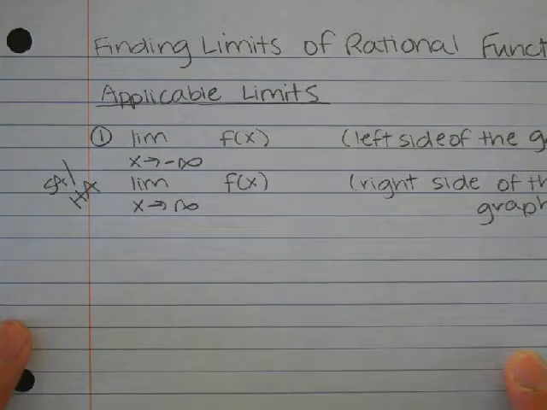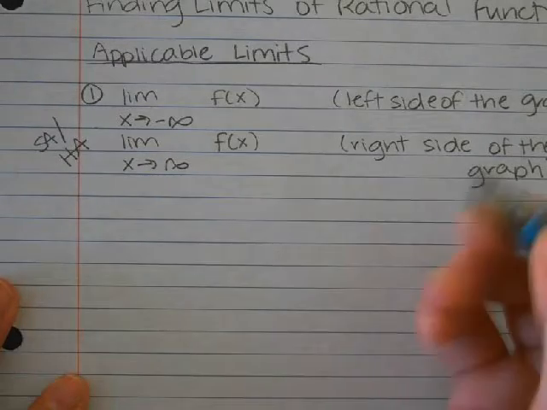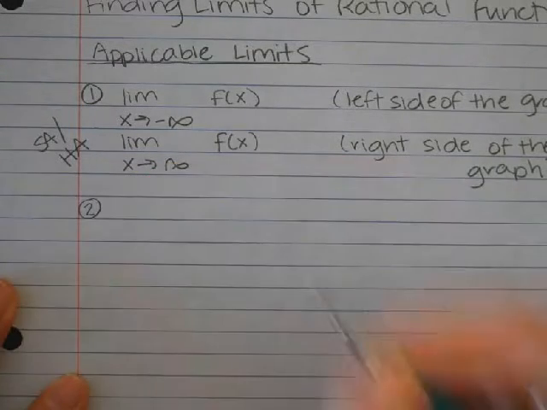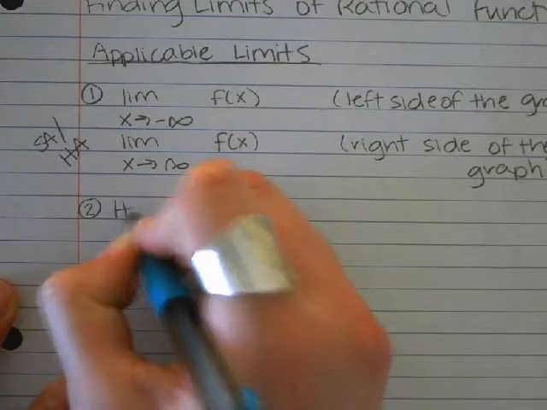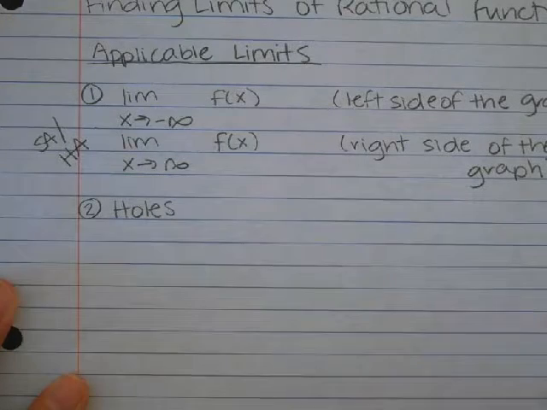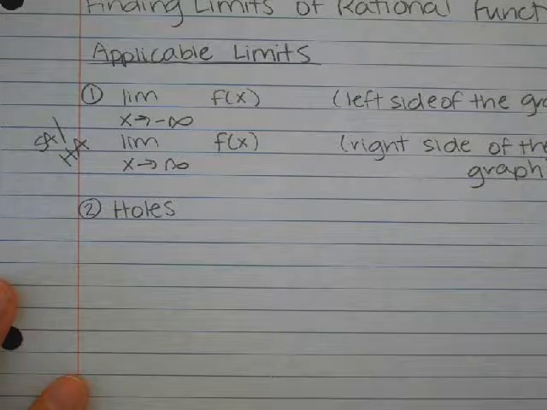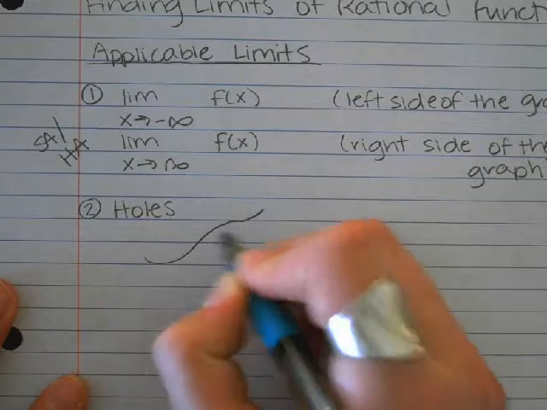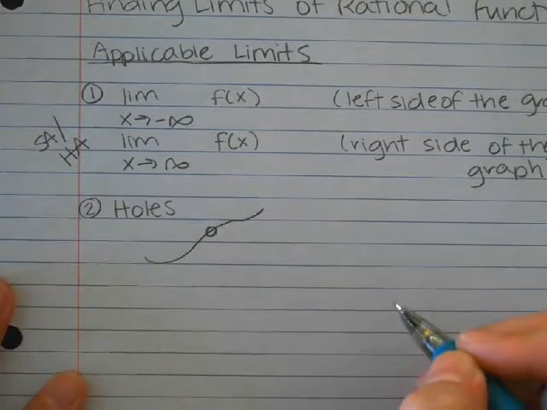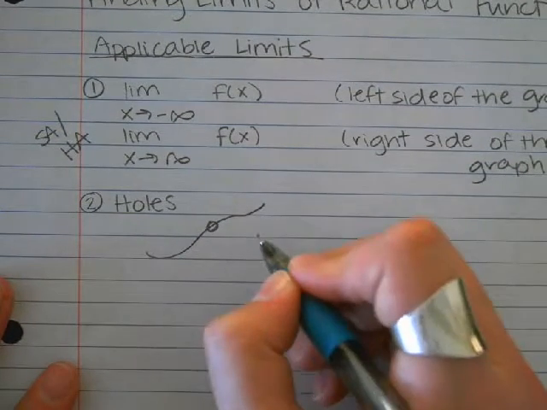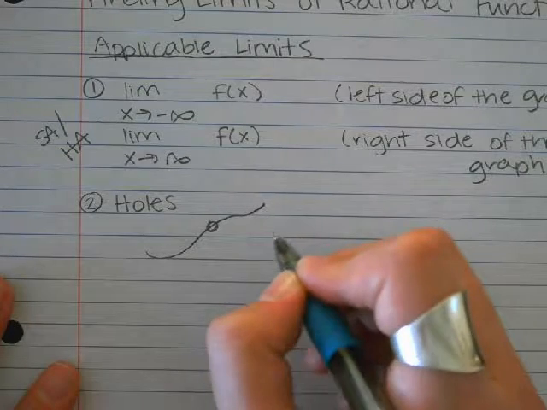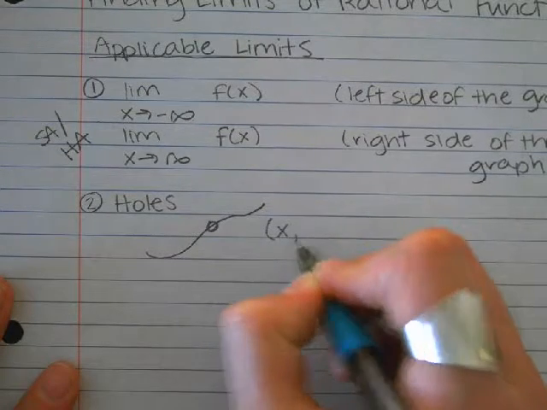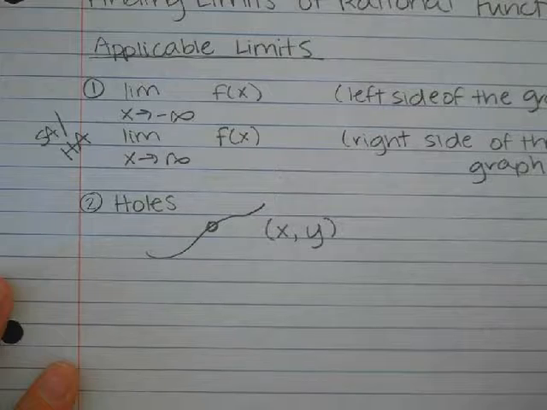Okay. The second place that we're going to look for limits in rational functions is at the holes. Are holes real points on the graph? No. So if we think about it, we've got a picture, right? And we have a hole in the picture. When we find the hole in the graph, we find an x coordinate and we find a y coordinate.